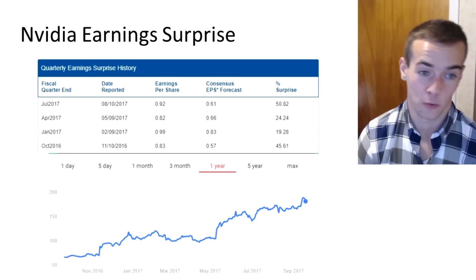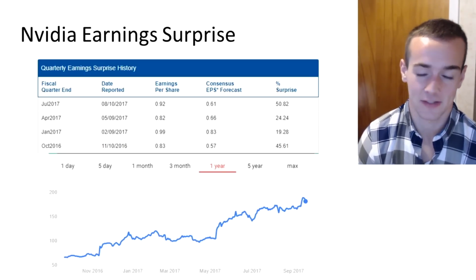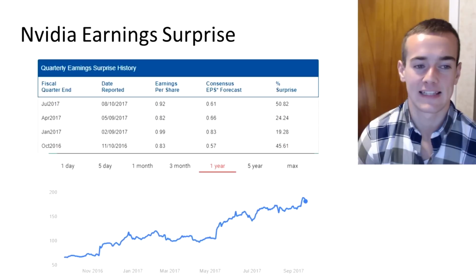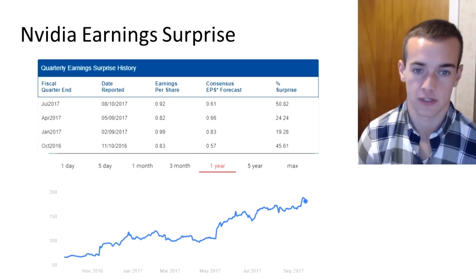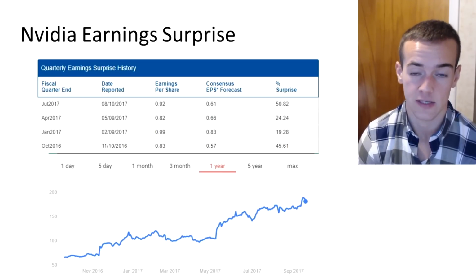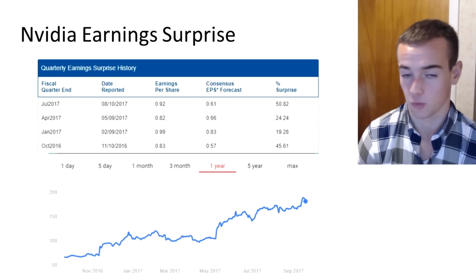So as we said before, these Wall Street analysts are out there to make fortune tellers look good, and this is a perfect example here. This is the last 4 reports for NVIDIA in terms of their earnings per share reported versus their consensus earnings per share forecast by these analysts. And on the right there we have the percent surprise, which is how far above they came to what the analysts were expecting.